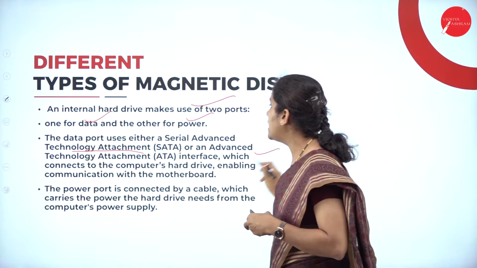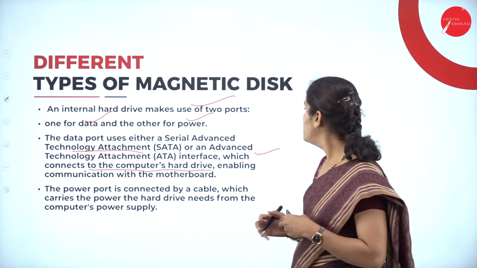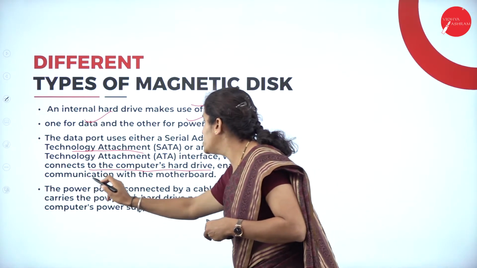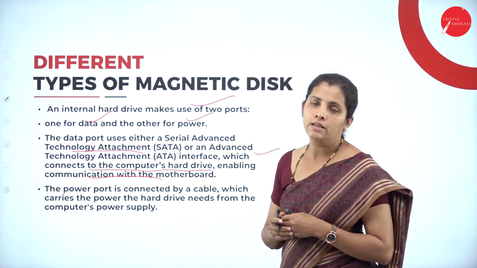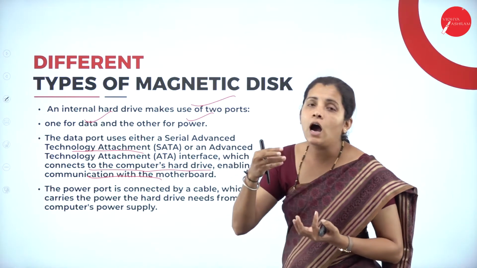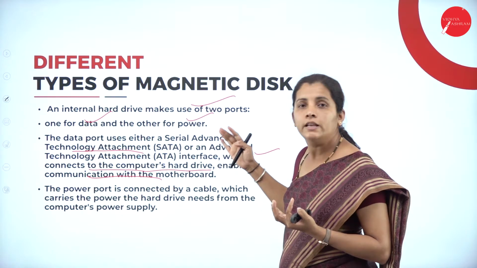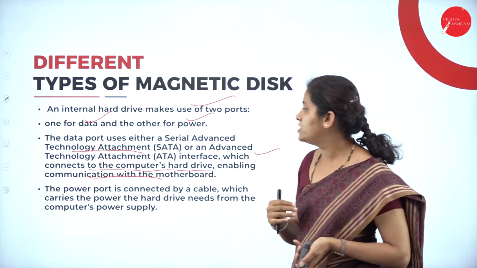This connects to the computer's hard drive, enabling communication with the motherboard. That means it is mainly used to connect your hard disk with your computer motherboard in order to communicate with each other.